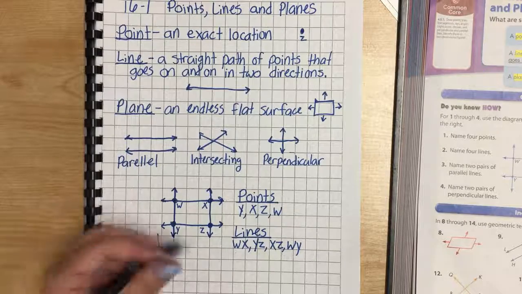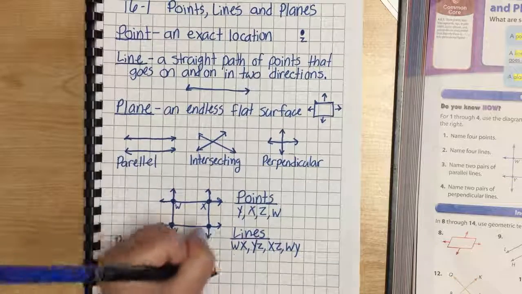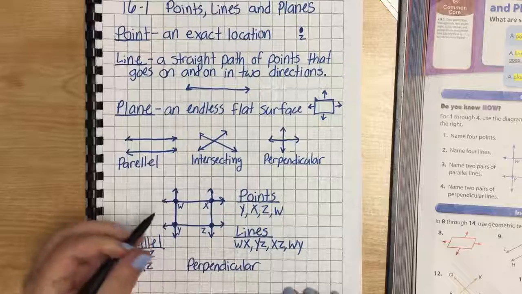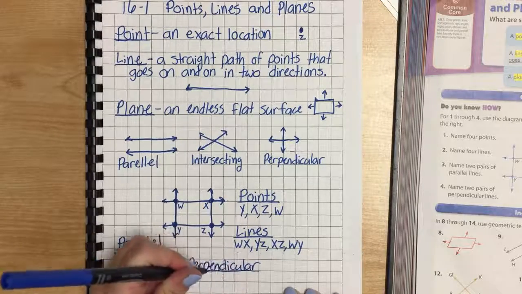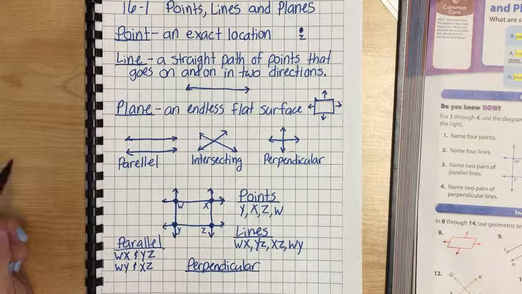Okay, what about perpendicular? What are 2 pairs of perpendicular lines? Daniel?